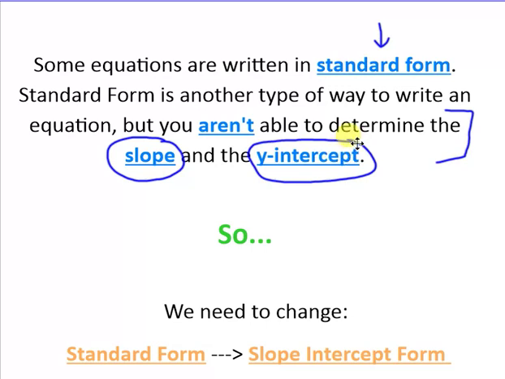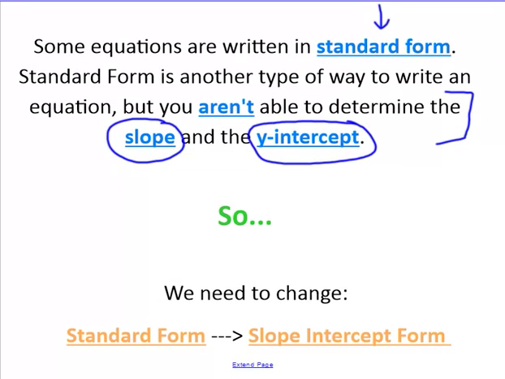So you can't just automatically look at the standard form and graph it or, in your mind, visually determine what the graph would look like. So what we need to learn how to do is change from standard form to slope-intercept form. And that's what this lesson is going to teach you how to do. And we're going to use our knowledge of equations in order to do that.